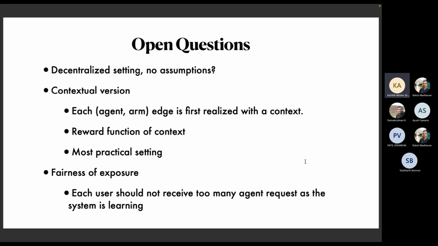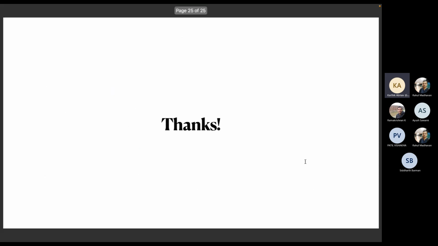So can you also deal with a constraint like a particular user shouldn't be seeing too many agent requests that are suboptimal? Concretely defining what this is and solving it is fairly open and, I would say, very interesting from a practical sense. So I'll stop here, since we're over time.